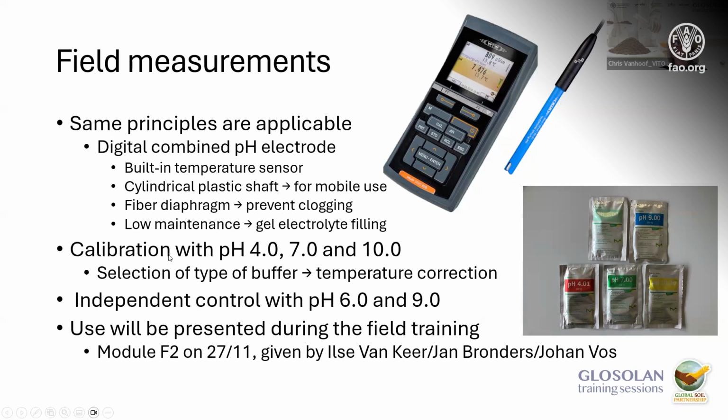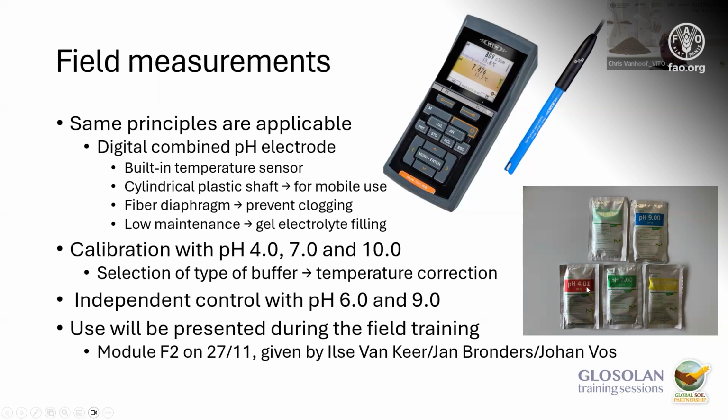Also, this pH electrode is calibrated with the 4 buffer standards. And also, you have to define the type of buffer, so that the system can automatically use a temperature correction. Therefore, it's also important to use certified buffers, or buffers that are recognized by your system. Instead of using the buffers out of a bottle, we often work with bags that contain buffers at a certain pH, but that can be used only once.